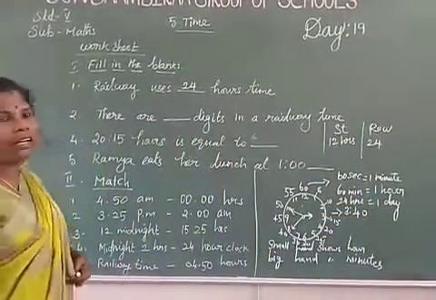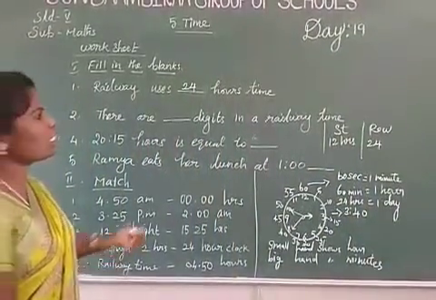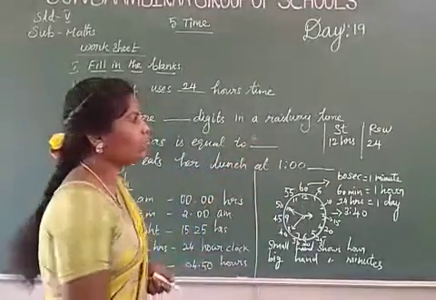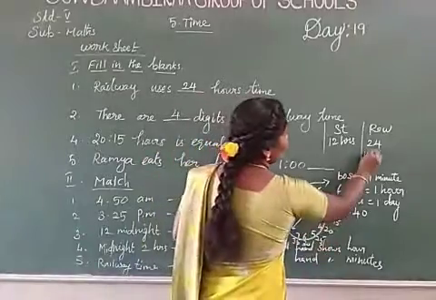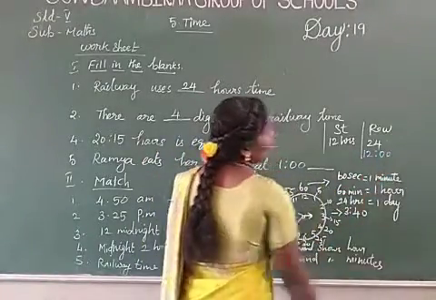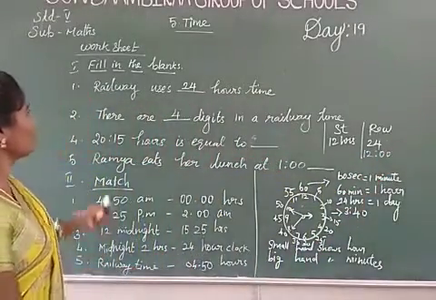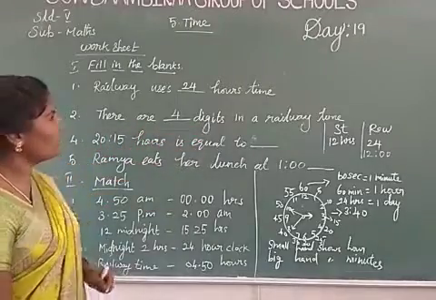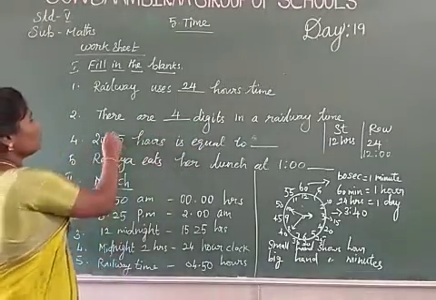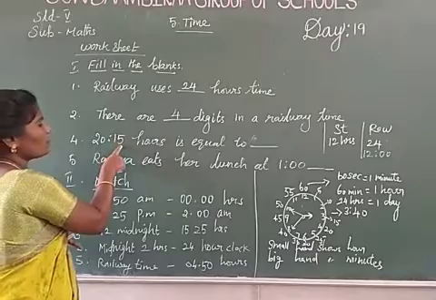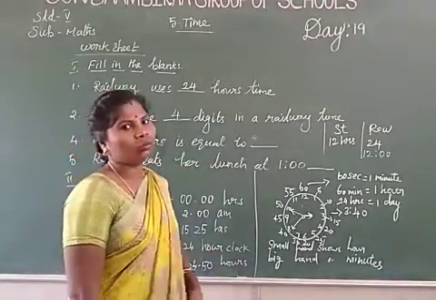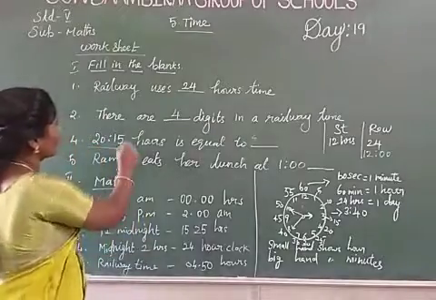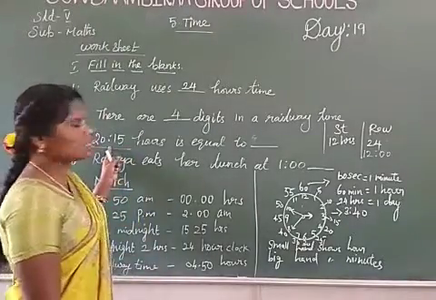Next, there are dash digits in a railway time. How many digits? 4 digits. There are 4 digits in a railway time. Next, 20 hours 15 minutes is railway time.